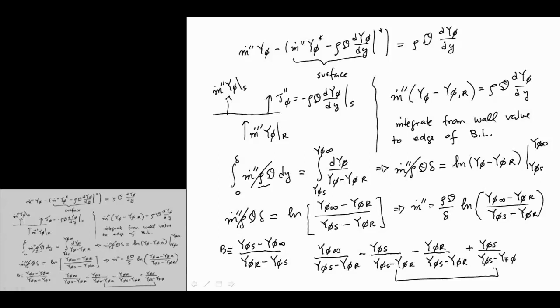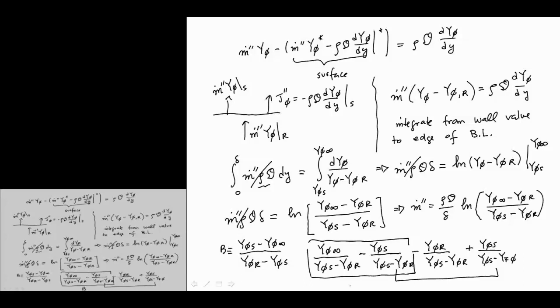In doing that addition and subtraction, I hope you see what we get. We get B plus 1. From this quantity, this is exactly equal to B because it's y phi s minus y phi infinity over y phi r minus y phi s.